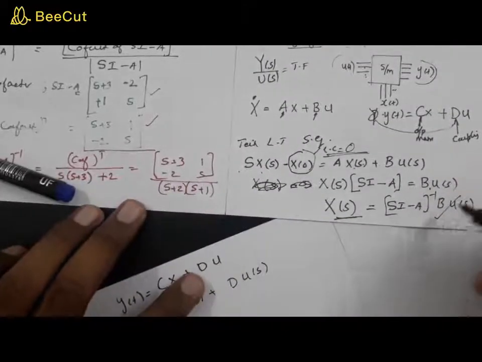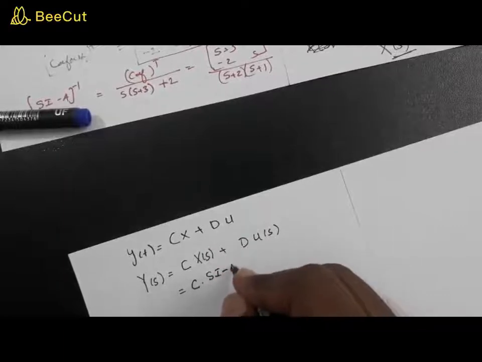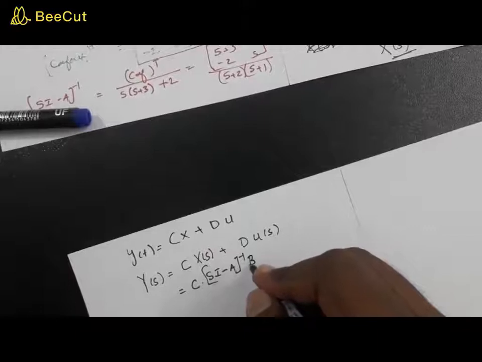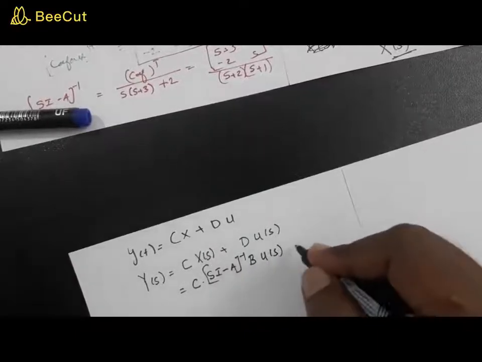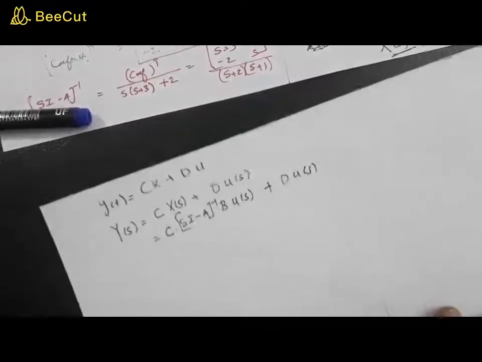We have already found X(s), so substituting that value, Y(s) = C (sI - A) inverse B U(s) + D U(s), right?